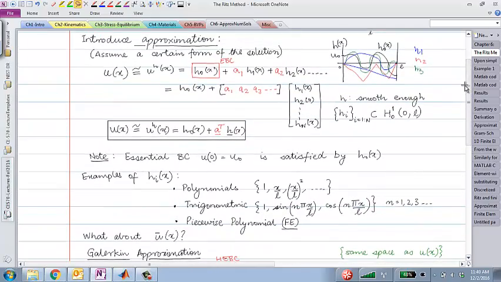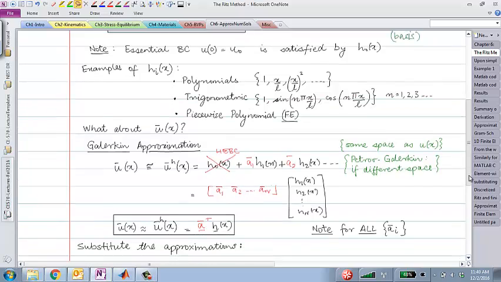I should also mention a term that I just used. Sometimes these are called shape functions or even basis functions, or approximation functions. These are all equivalent names for this set of functions that people use.